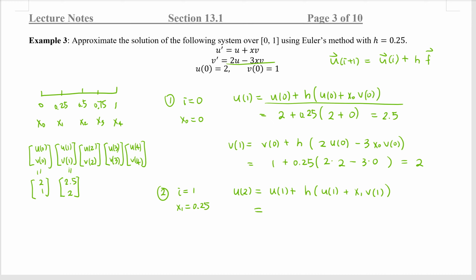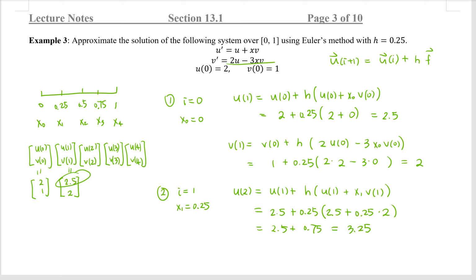Now we find the right numbers. u1 is 2.5, h is 0.25, x1 is 0.25, v1 is 2. 2 times 0.25 is 0.5. 0.5 plus 2.5 is 3. And 3 times 0.25 is 0.75. And when we add 2.5, that's 3.25.